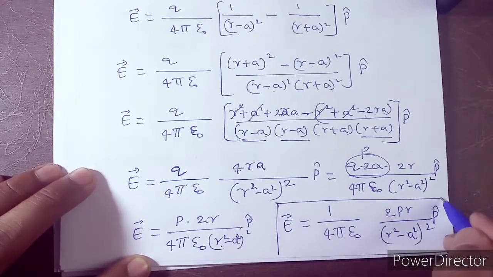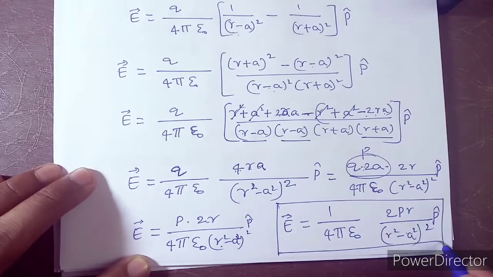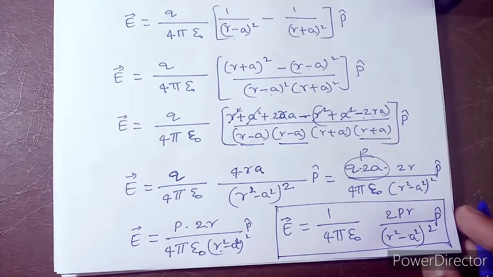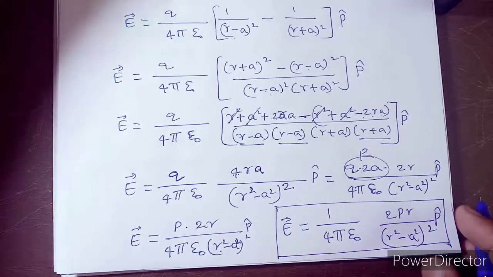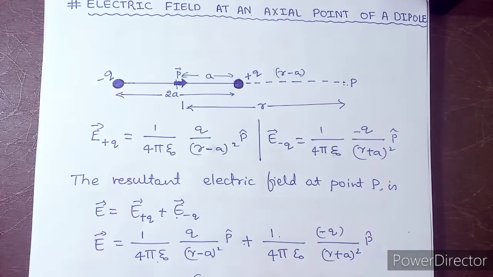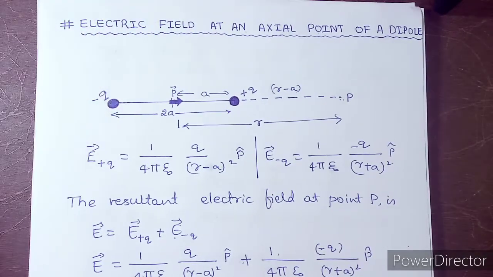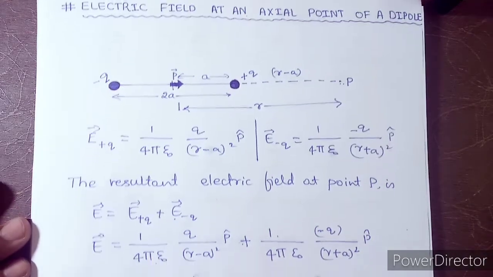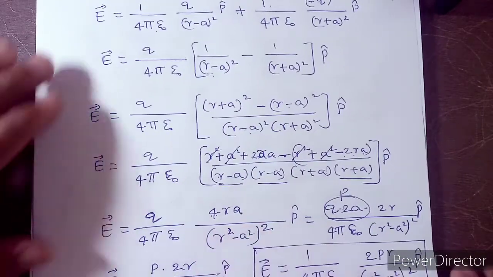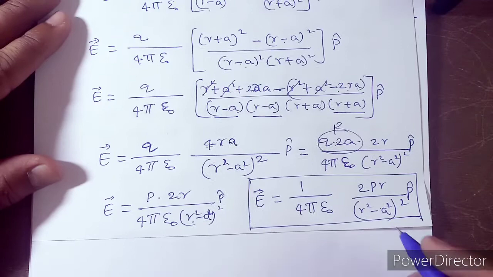This is the expression for electric field at a point on the axis of a dipole, or electric field at an axial point of a dipole. So this is all about this. Okay, so this is the final answer.